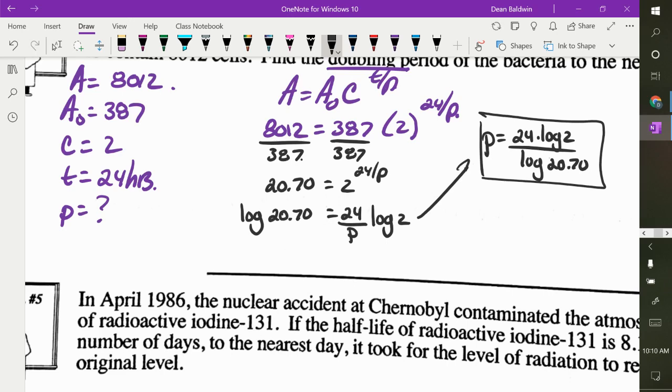And if you punch that in your calculator, you will get 5.5 hours. 24 times log 2.